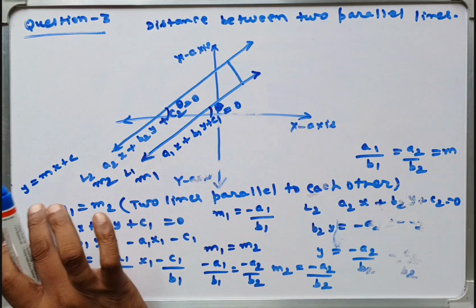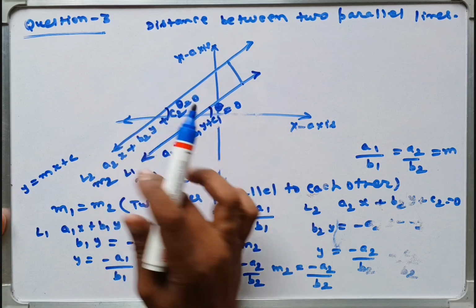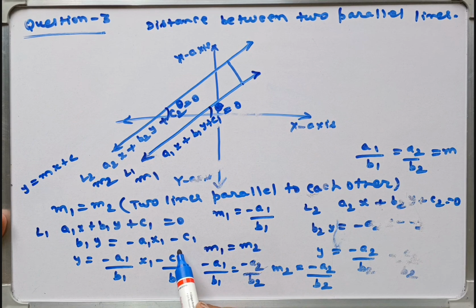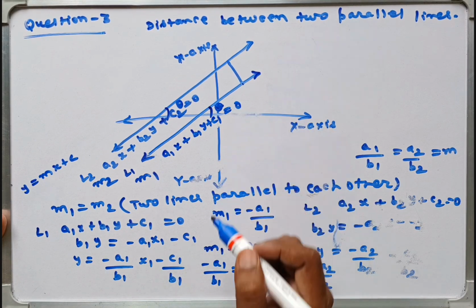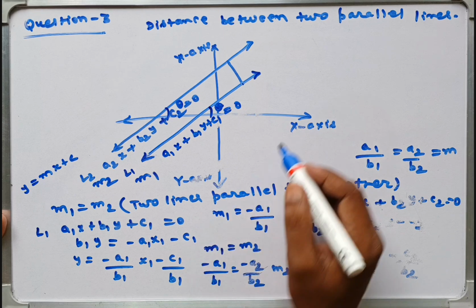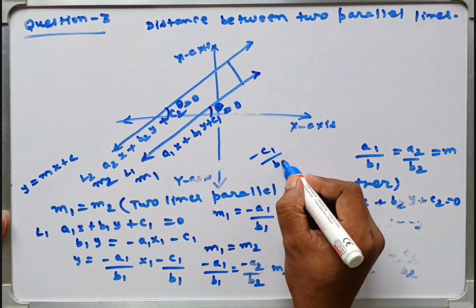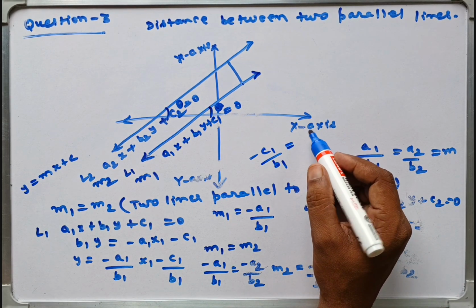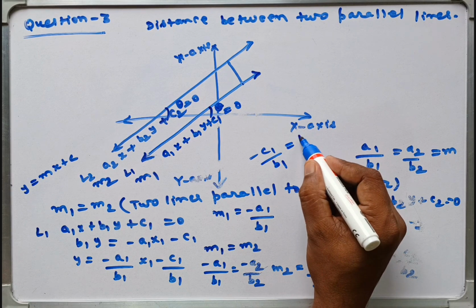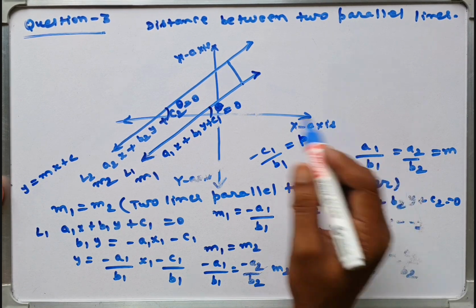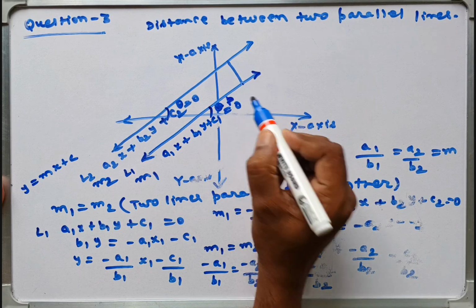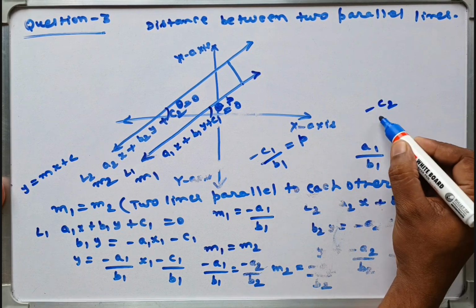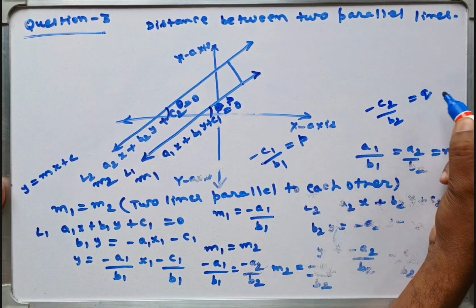You know where this line L1 cuts the y axis, so it will cut at the point minus c1 divided by b1. Say this one is p, and here minus c2 by b2 equals q.